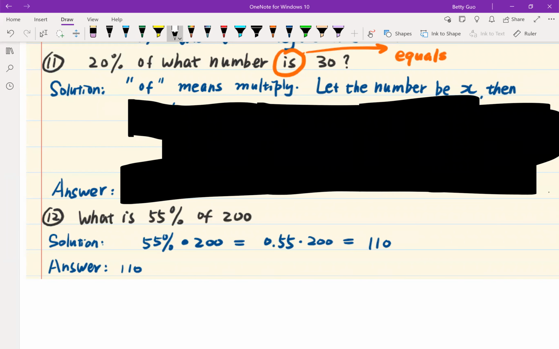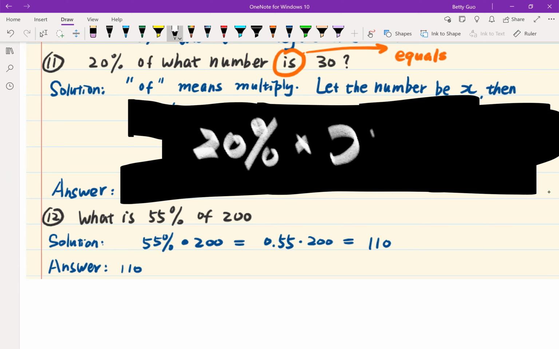And we can translate the sentence as 20% off. So 20% times x, right? 20% off means 20% times x. Is means equal, right? Equals 30.